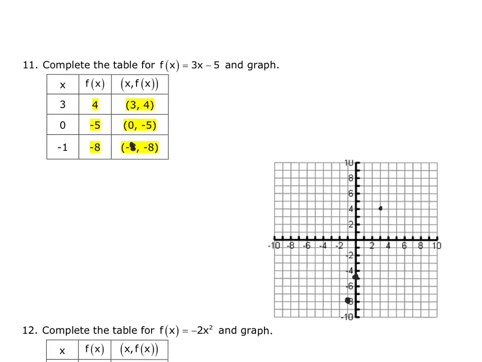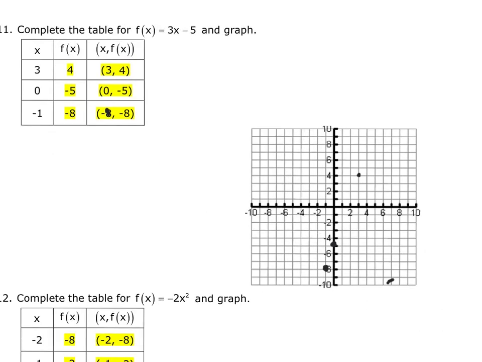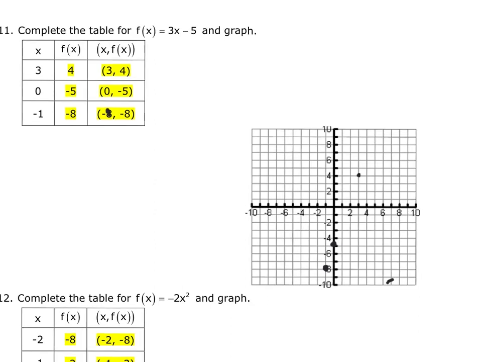And if I pick up a straight edge, I believe I can see that these points lie in a straight line. And if I get my straight edge, I should be able to connect these dots in a straight line, more or less.